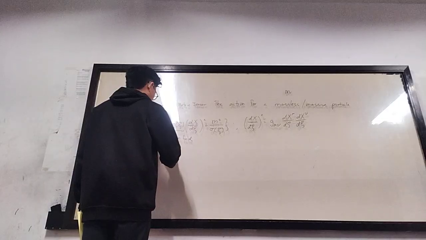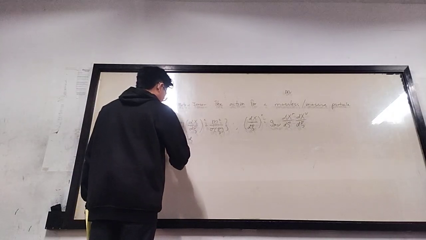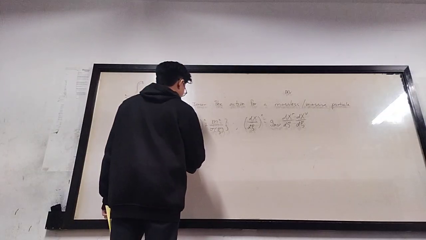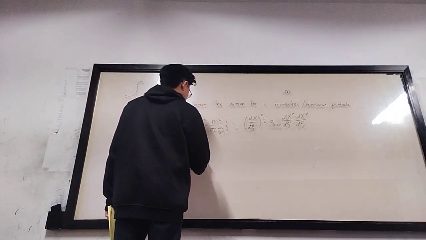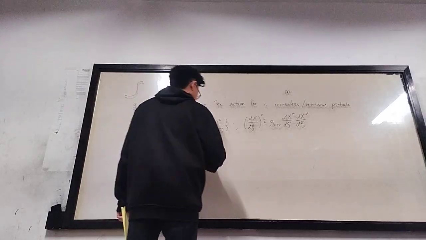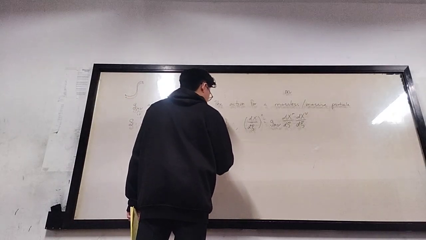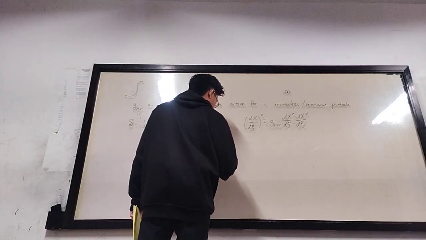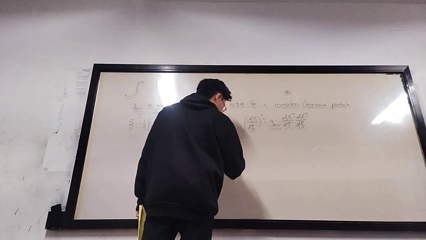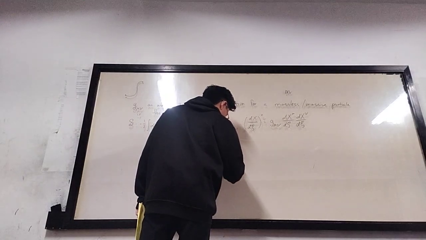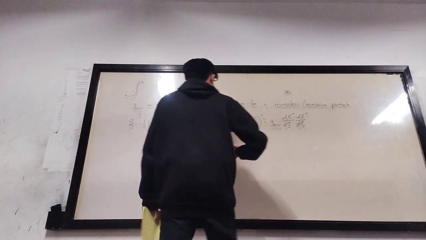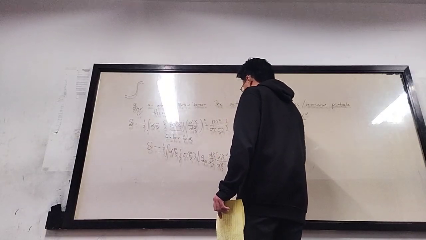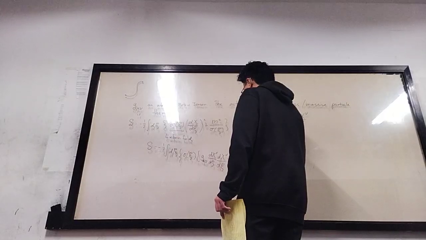So S is negative 1/2 times the integral d psi of my Einstein field sigma times g mu nu times dx mu by d psi dx nu by d psi plus my mass squared over sigma of psi.